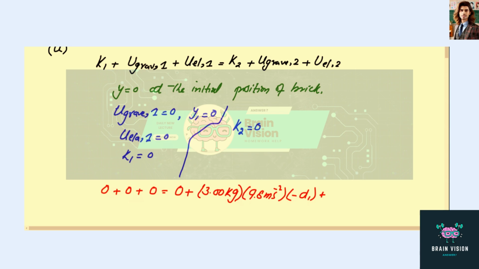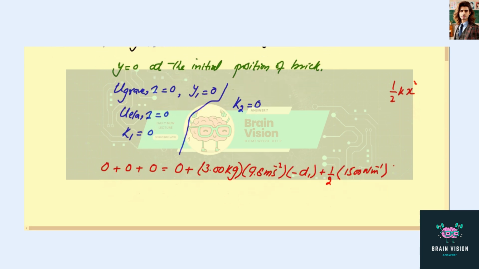Plus final elastic potential energy, which is equal to half k x square, that is half into k, the spring constant having a value of 1500 newton per meter, and x, the extension in the spring, is equal to the height covered by the brick, which is d1, squared.